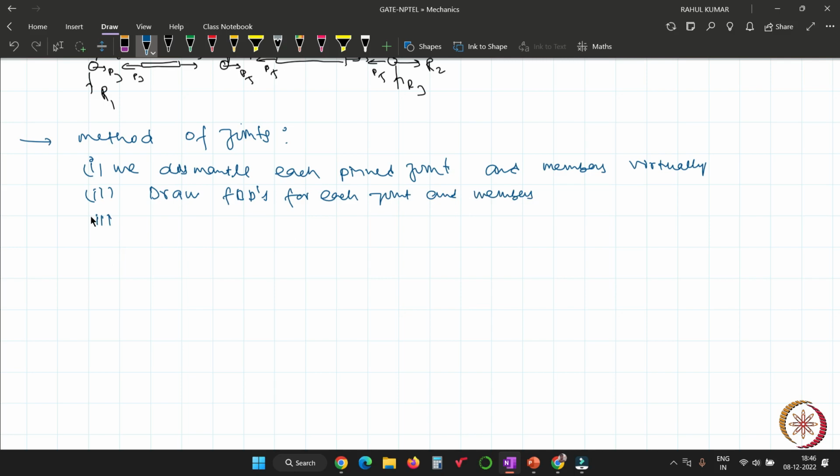Then you will apply equilibrium equations. So in this method you do these three things to solve the problem by using method of joints.